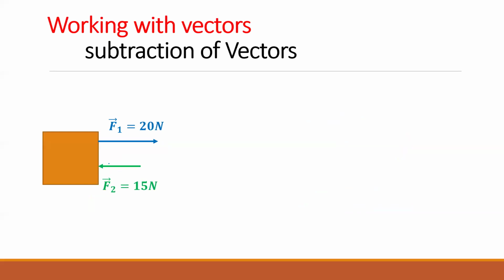Now let's see how to subtract vectors. It is important to know how to subtract. Here you have 20 newtons towards the right and 15 newtons towards the left. When you add them, you do the same thing. These are two vectors, so you start at a point and go 20 newtons towards the right.